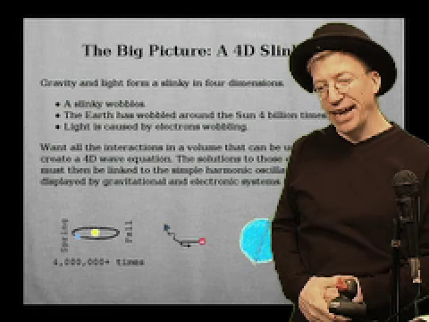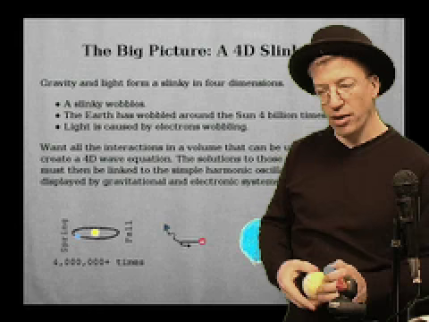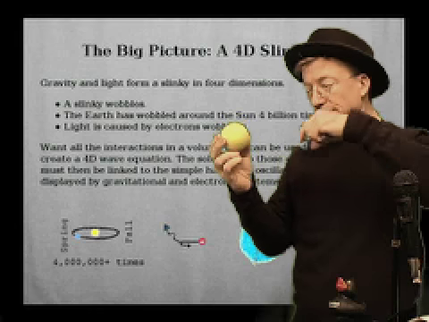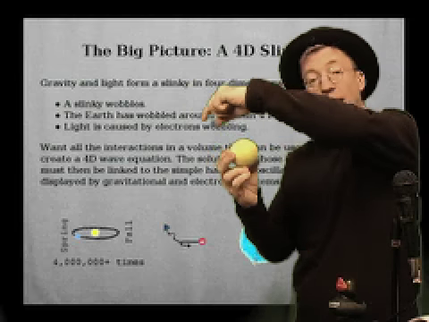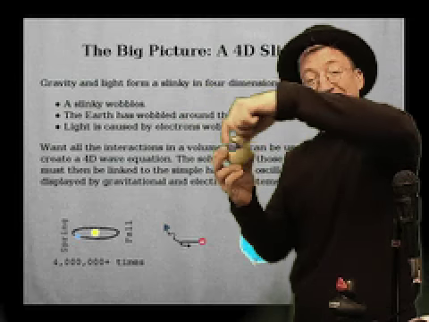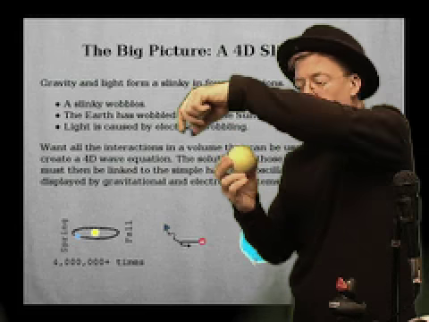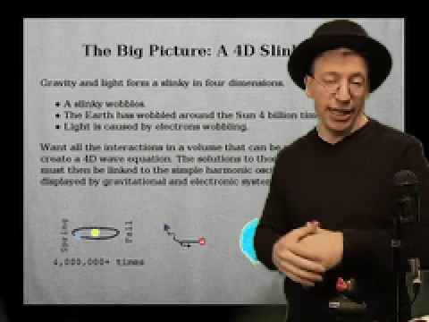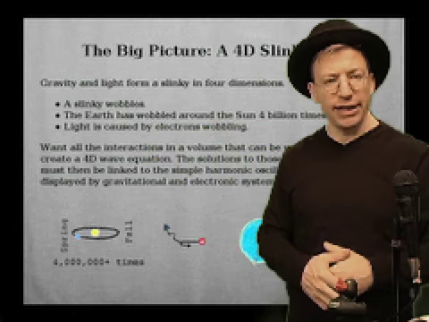How is gravity like that? Well, if we think of this tennis ball here as the sun, and this thing as the earth, we've gone around the sun about 4 billion times. So here, back, here, back, here, back. Very slinky-like.